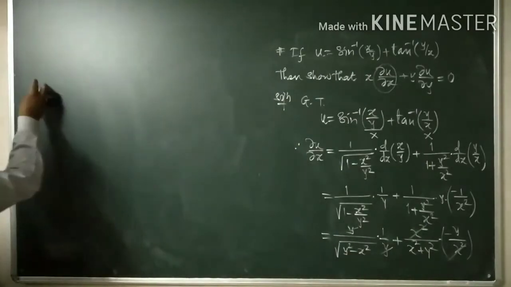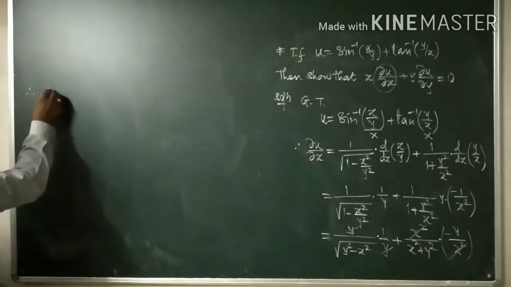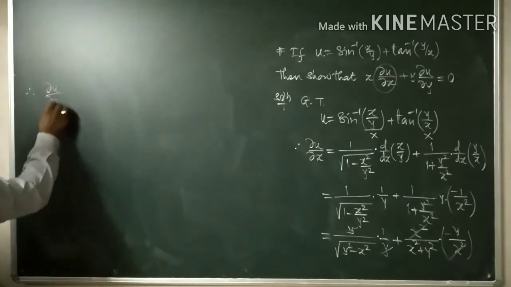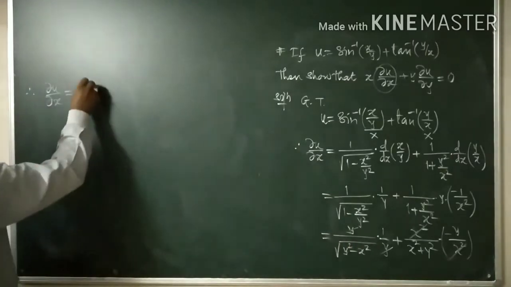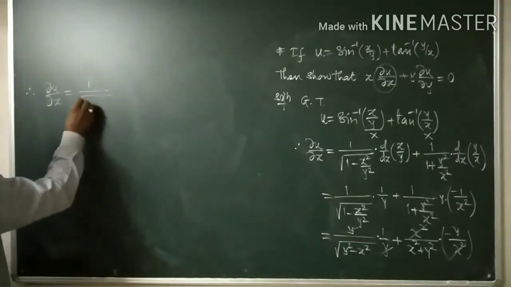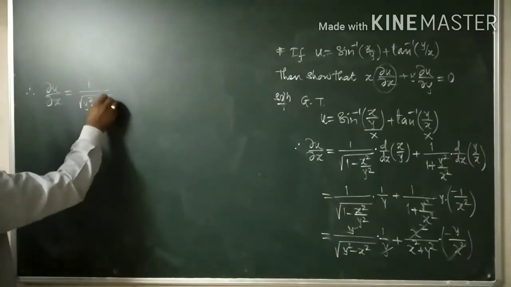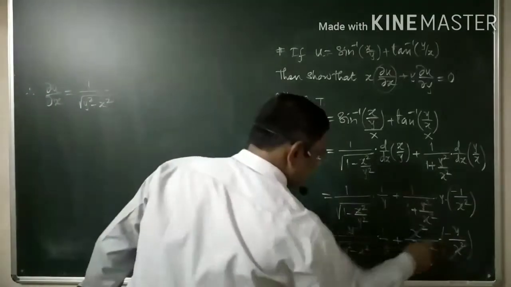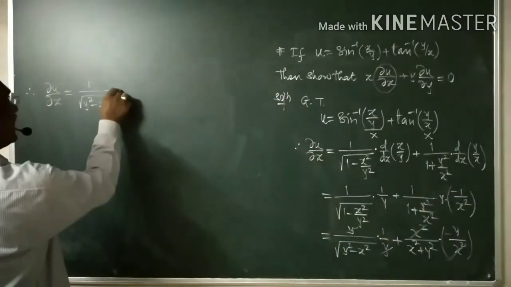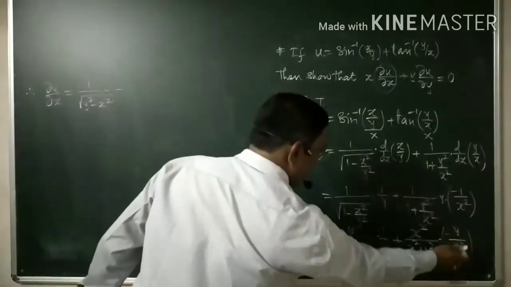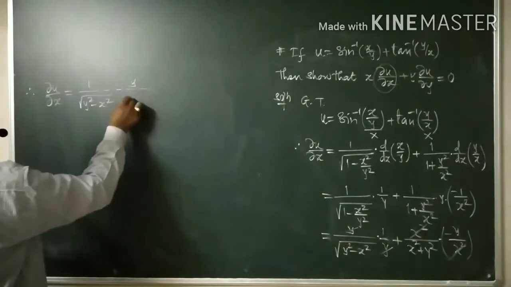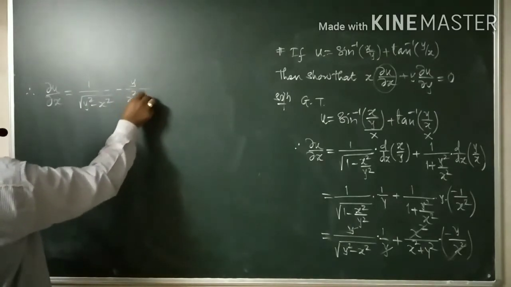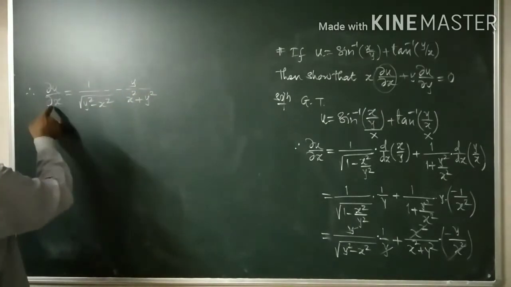And hence, let me write here delta u by delta x is equal to 1 upon root y square minus x square, and this minus sign I will take here: minus y upon x square plus y square. This is my delta u by delta x.